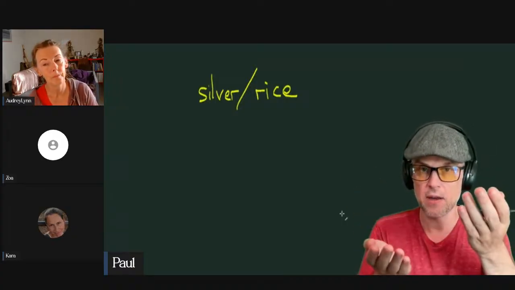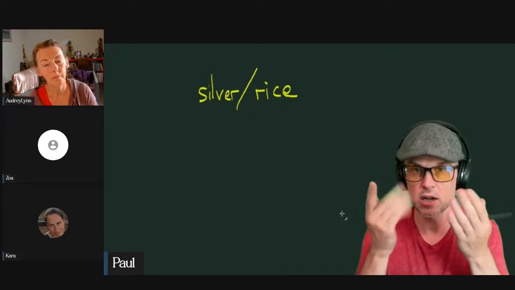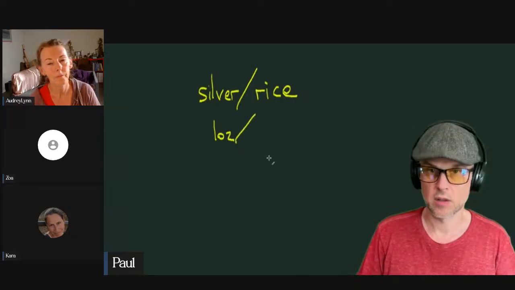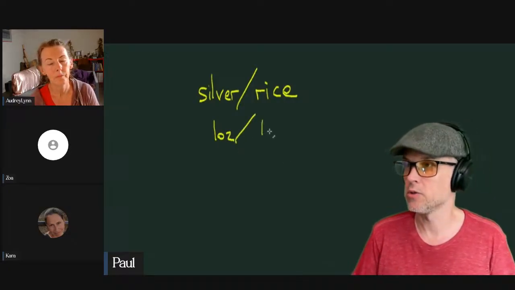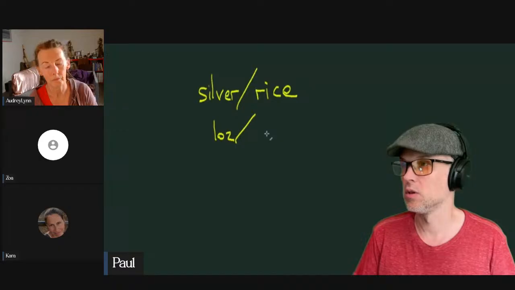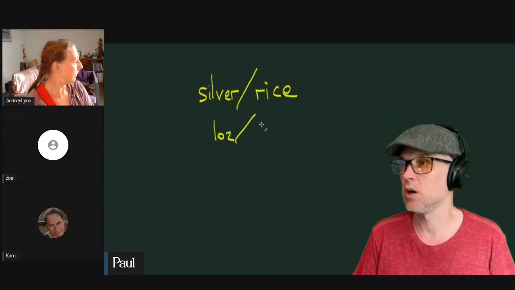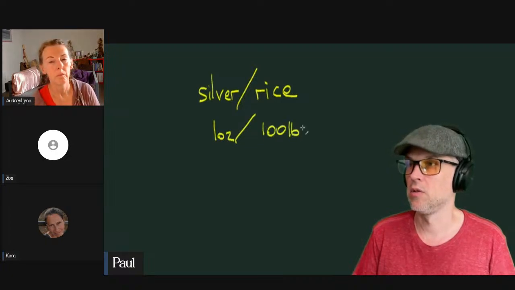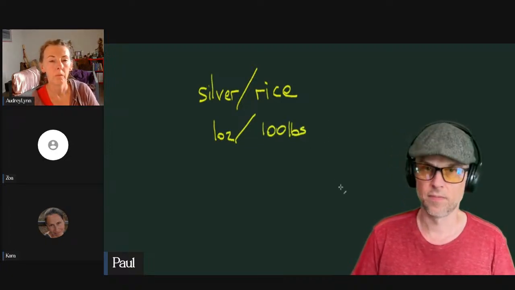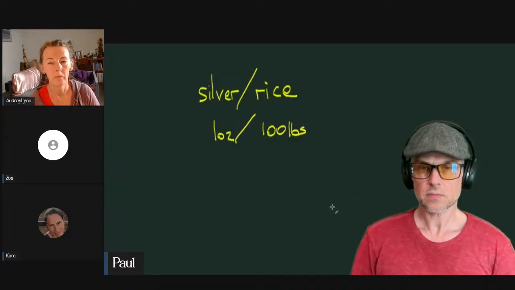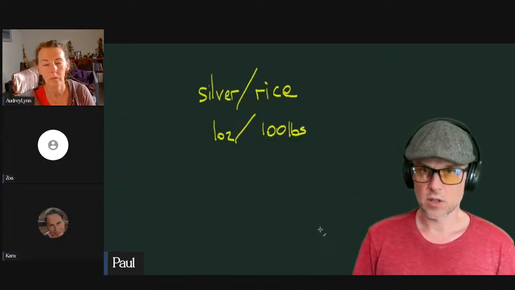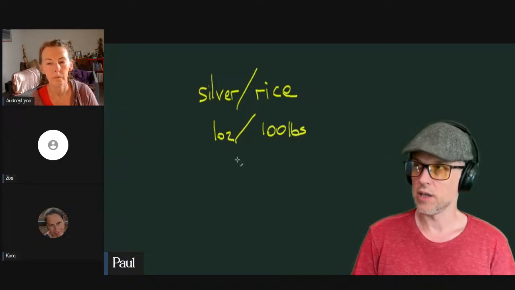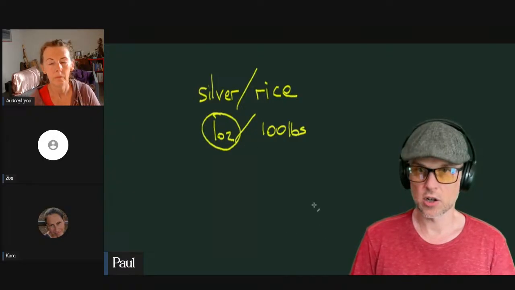Yeah. And they'd be like, okay, so right now, 1 ounce of silver is worth, whatever, 1 ounce. Let's say it's not, but let's go with something more realistic. Let's go 1 ounce of silver gets you 100 pounds of rice. If you think that the rice is going to go down in value, then you're going to want this equity here.